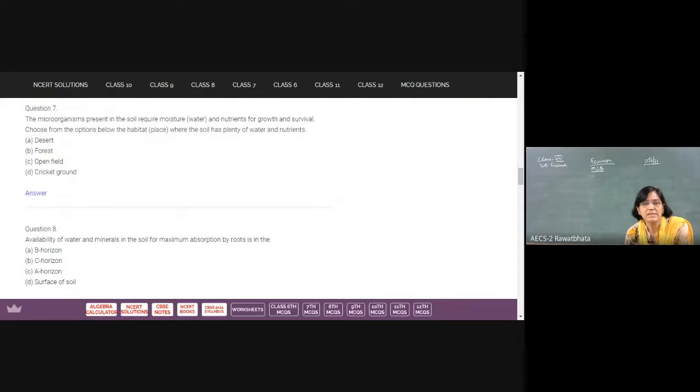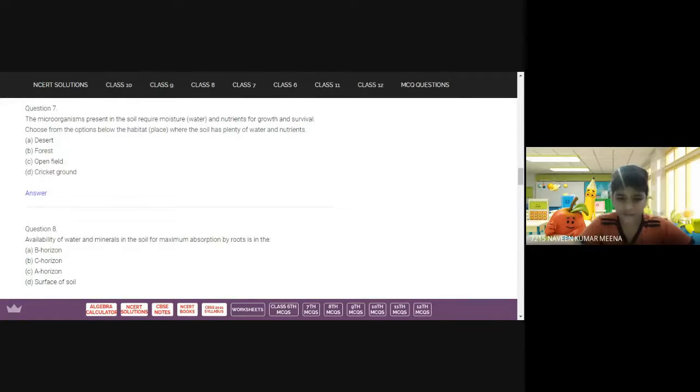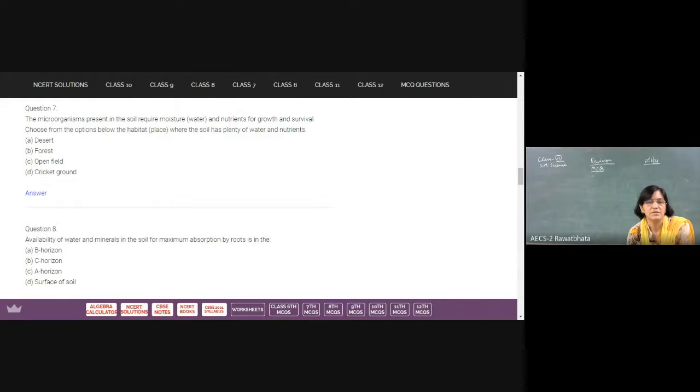Question number 7. The microorganisms present in the soil require moisture and nutrients. Choose from the option below where the soil has plenty of water and nutrients. Naveen, ma'am, forest. Let's see the option, the correct answer.